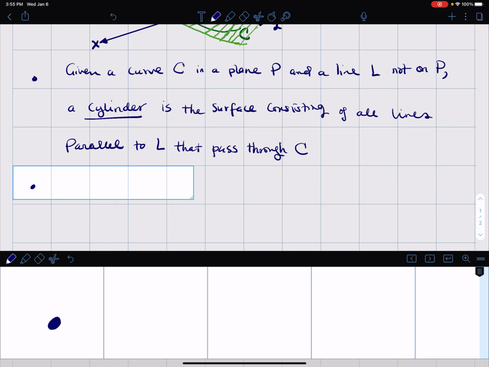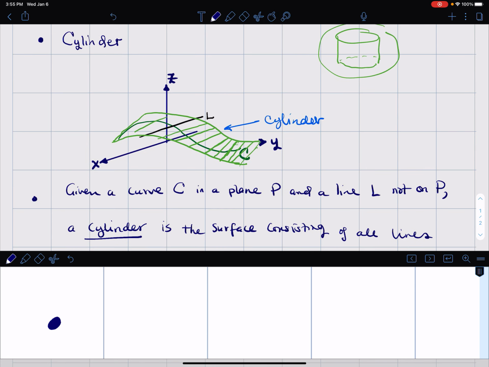You have the variables x, y, and z, but either z is going to be missing, y is missing, or x is missing. Now, that applies only to the kind of cylinders we're going to be studying in this course, cylinders that are parallel to one of the axes. Either the lines are parallel to the x-axis, or the z-axis, or the y-axis.